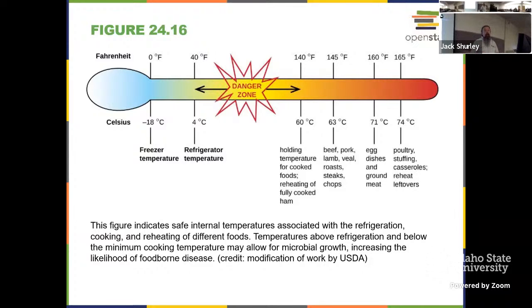And hamburgers or other ground meats that aren't cooked thoroughly set the stage for those microbes to still have the viability to cause infection in you. The last one, poultry, stuffings, casseroles, and reheating of leftovers should be heated up higher, 165 or 74 degrees Celsius.